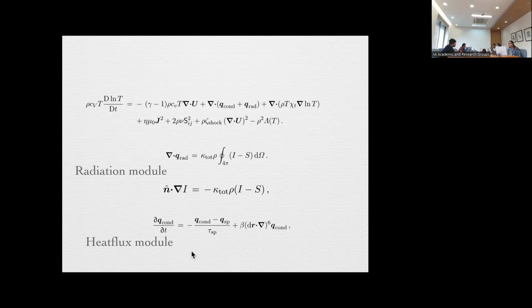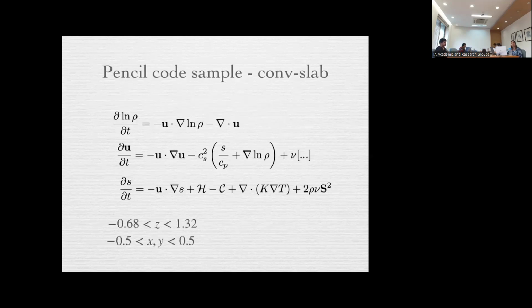It is like a diffusion term, so the time step goes like dx squared divided by the conductivity. If the conductivity is very large, then your time step will be small. To go around it, we use a telegraphic equation for this flux, which is also in the special issue I quoted, and also in a paper by Jorn, Warnecke, and Philip, in the same special issue, where they talk more about this heat flux module.